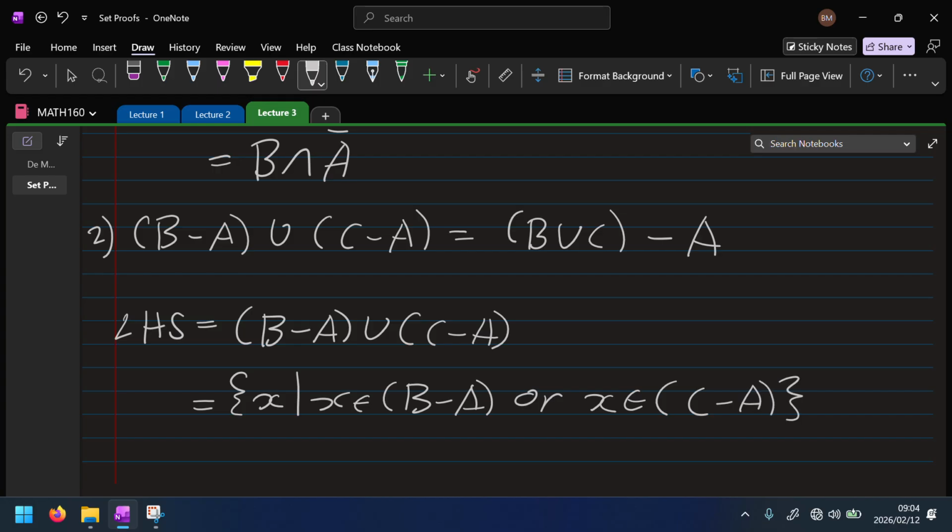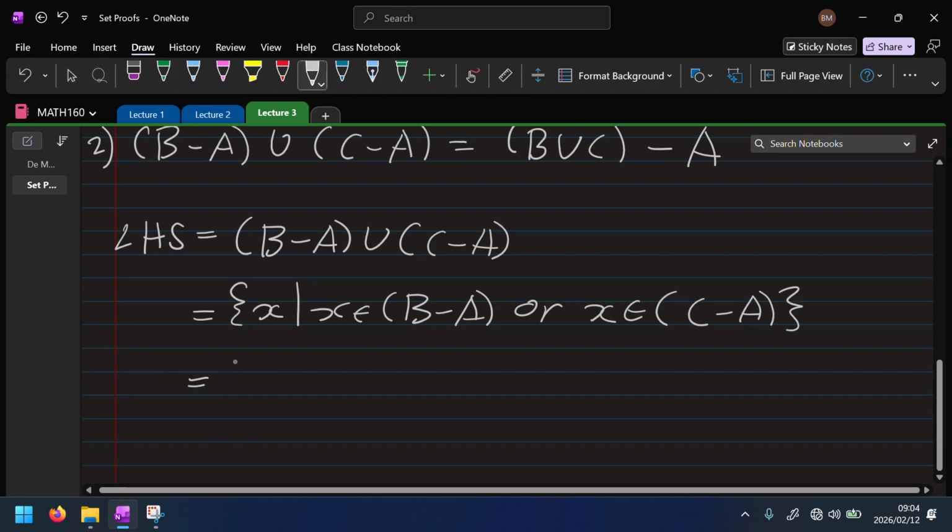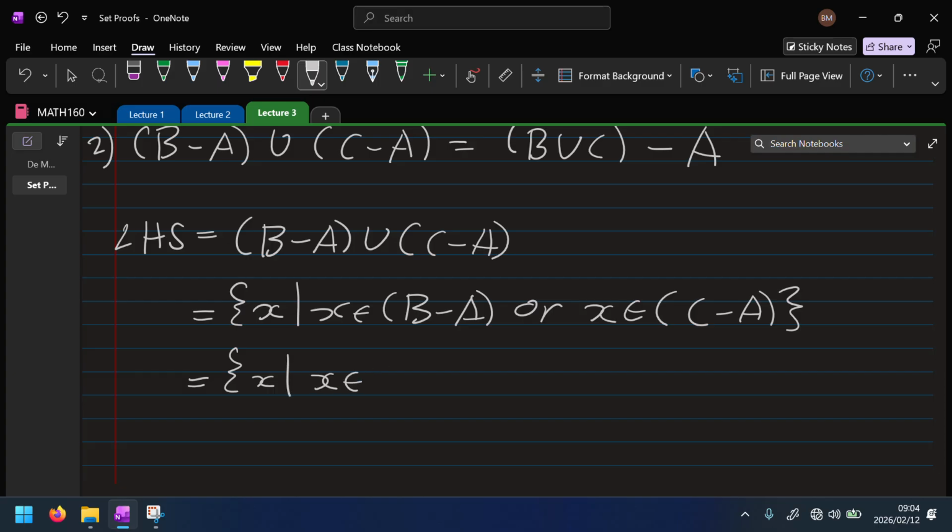Okay, that's the definition of the union. Union goes with or. Now here we have set difference, and here we have set difference. So we're going to use the definition of set difference for this one and for this one. Okay, so set difference means it belongs to the first one, but not the second one.